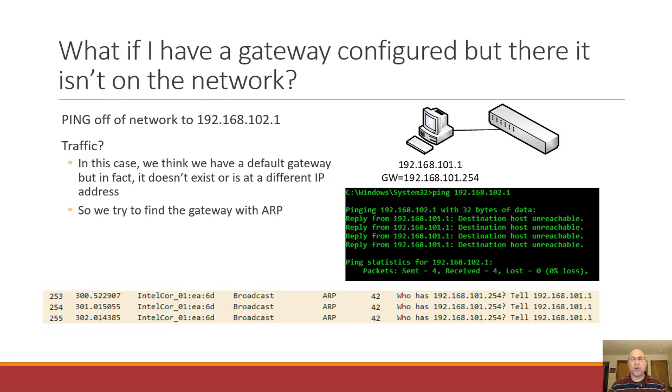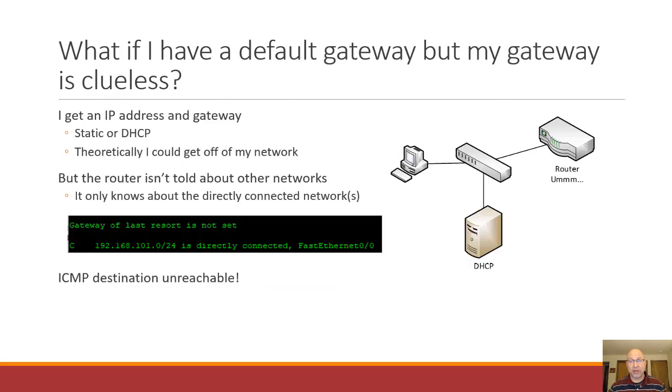So who am I looking for? I'm looking for 101.254, which is my gateway. But the gateway doesn't answer up, so I get destination host unreachable. It's a little bit different than the previous case. In this case, I thought I could get some help, but my default gateway doesn't answer up. So the traffic in this case is just ARPing for the default gateway.